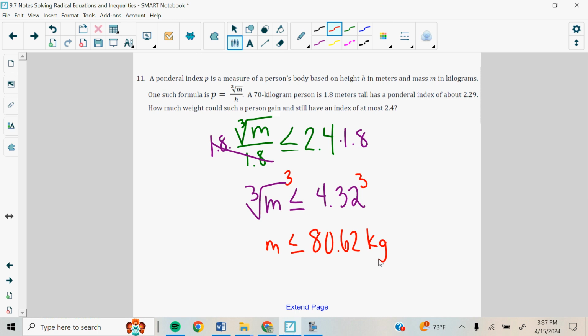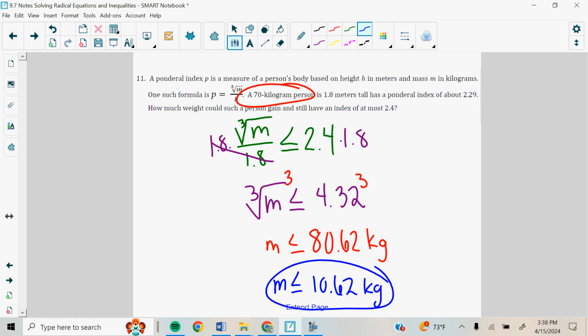So what we're going to do is subtract the 70 that they are. And so when we do that, they're going to have less than or equal to 10.62 kilograms is how much they could gain and still be within that same ponderal index.